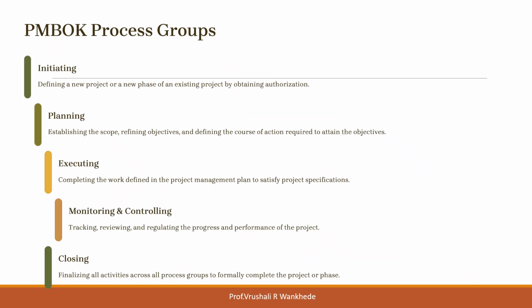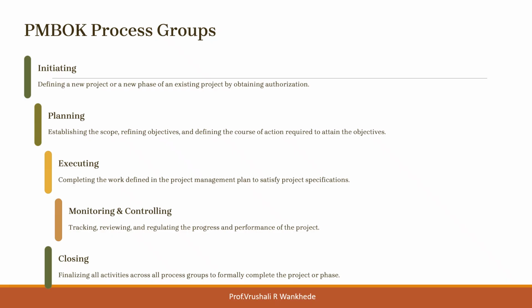Now the PMBOK process groups. These are considered the same as the life cycle we saw earlier. First is initiating, defining a new project or a new phase of an existing project by obtaining authorization. You already know what exactly happens in initialization.